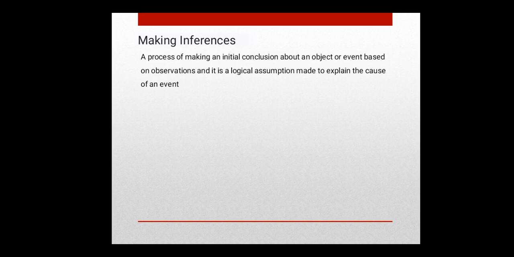Maybe the words are too hard or too bombastic for some of you, but the simplest explanation is reason. Why did that phenomenon happen? Usually we make inference by our observation and by our past experience and knowledge.